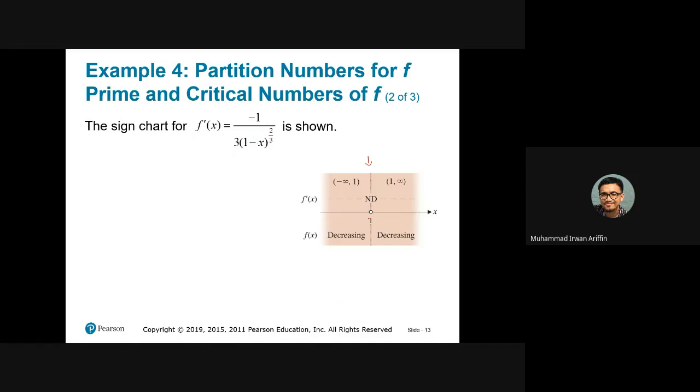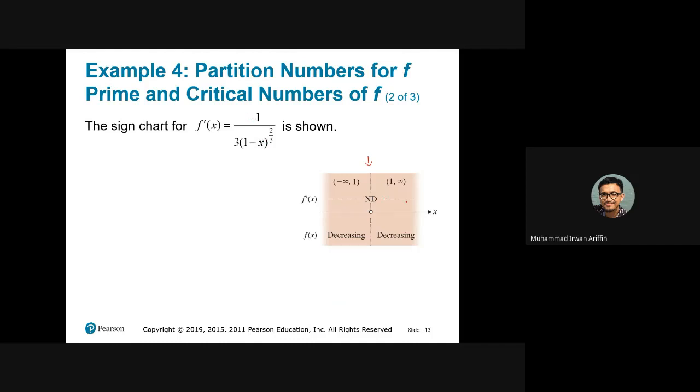And what about values of x greater than 1? You can take 2. This would be negative 1 multiplied with a negative number to the power of 2. This is a square, right? Whatever number that is squared will be positive, and then the whole term has to be multiplied with the negative.